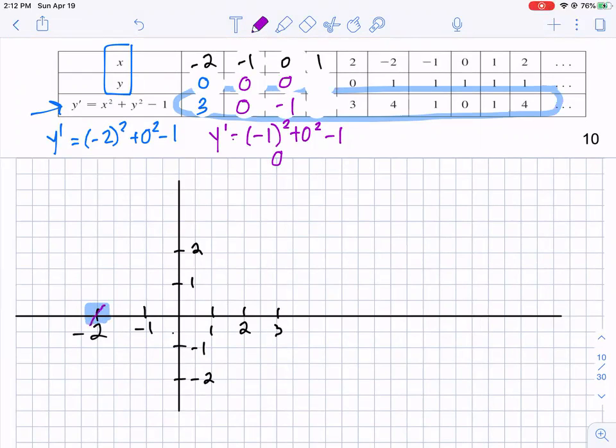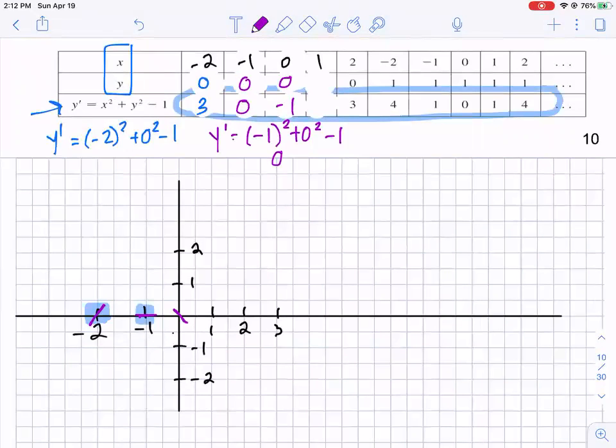So it's going to be a steep slope, and it's going to go like that. At -1, 0, it's right there, our slope is 0, so it's going to be just a horizontal line. At 0, 0, our slope is -1, so it's just going to be like that.